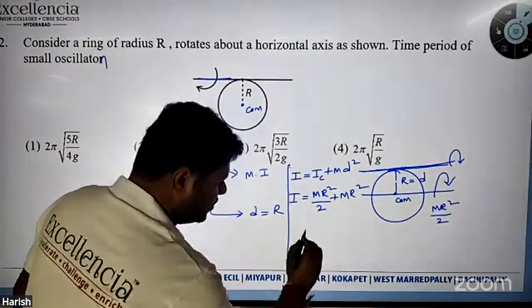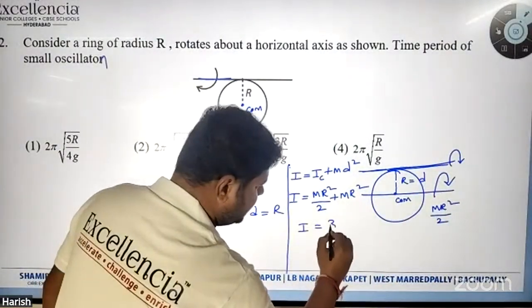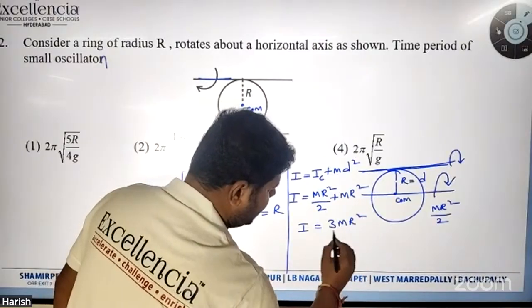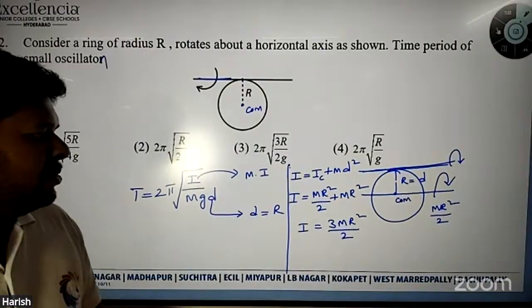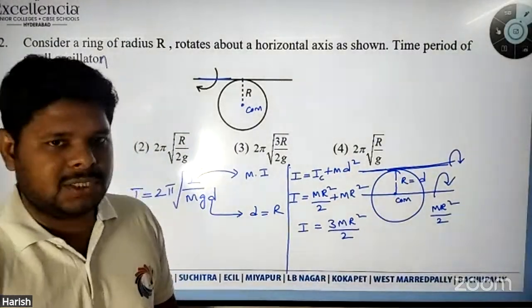So I comes out to be 3 mr square by 2. So the moment of inertia of the ring about the given axis is 3 mr square by 2.